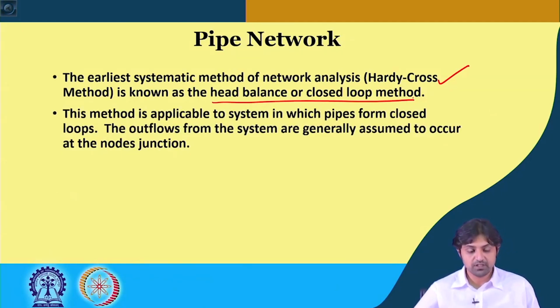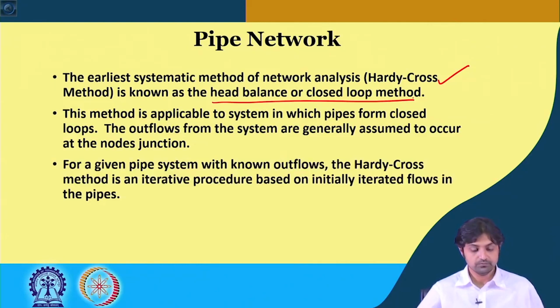This method is applicable to a system in which pipes form closed loops. The outflows from the system are generally assumed to occur at the junction nodes. For a given pipe system with known outflows, the Hardy-Cross method is an iterative procedure based on initially assumed flows in pipes. So it has a set rule and procedure, but the solution is an iterative procedure.